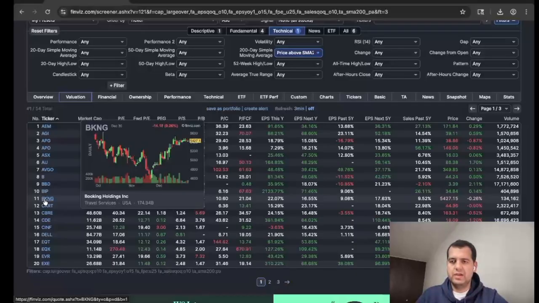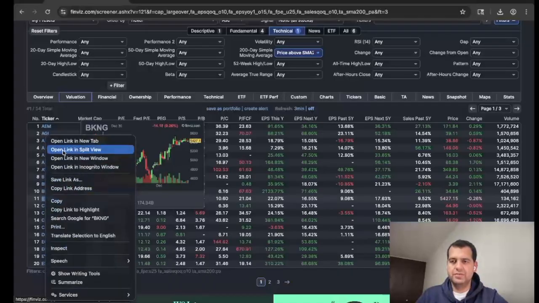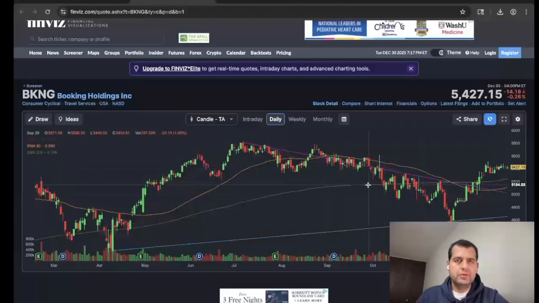So the one name that I find familiar is Booking Holdings. Now, if you look at the chart of Booking Holdings, you can see the price was actually in a downtrend, but recently it reversed from late November, and currently the price is sitting above all of these moving averages, which is a good thing.